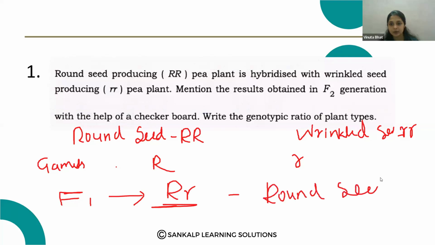How were the F2 generation plants obtained? F2 generation plants are obtained by crossing the Rr F1 generation plants. I will use the checkerboard now.